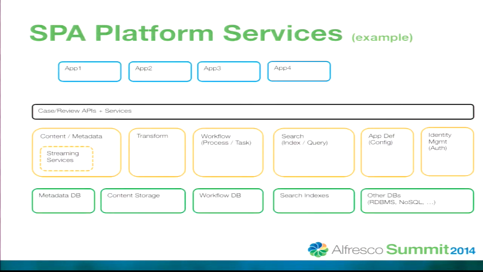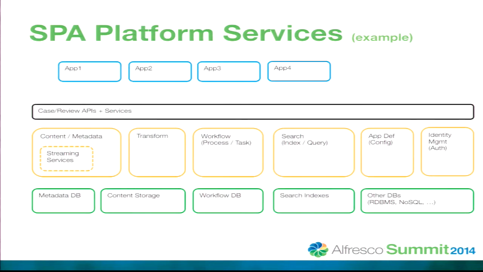Putting all those things together, when I showed all those services broken out, here might be one way of looking at it. I'm not sure how well you can see it from the back, but you have a number of applications running in this middle tier, running directly against the public API. What I've written there is loosely a case API or case services, in particular case and case review services, which include process functions.